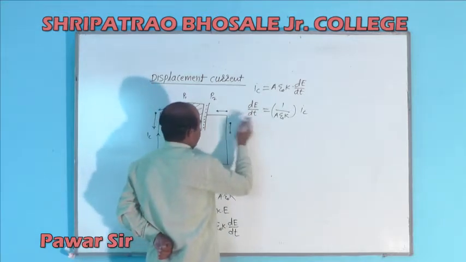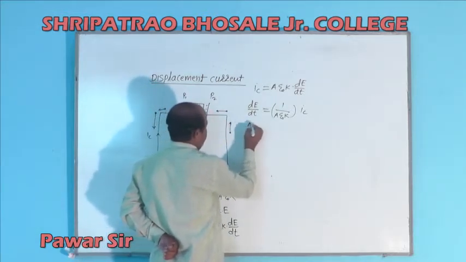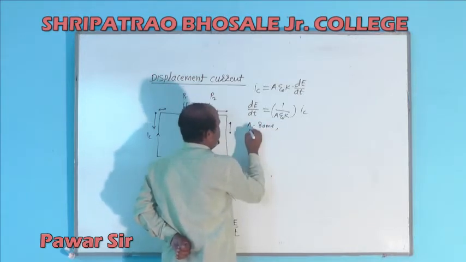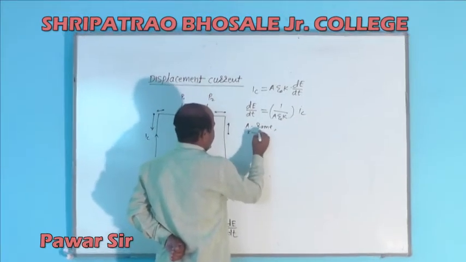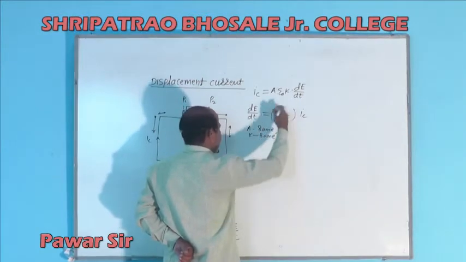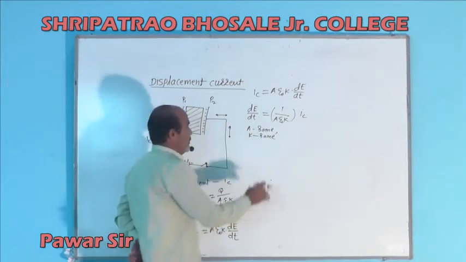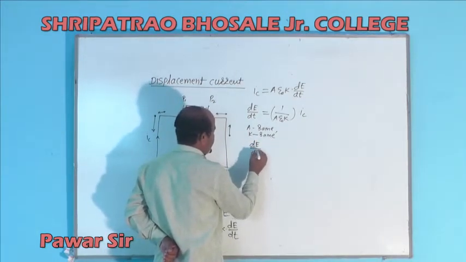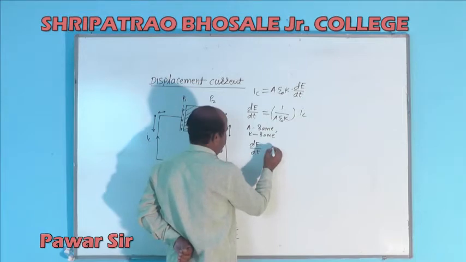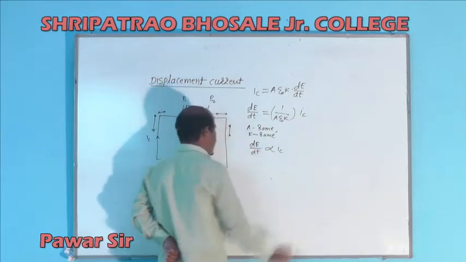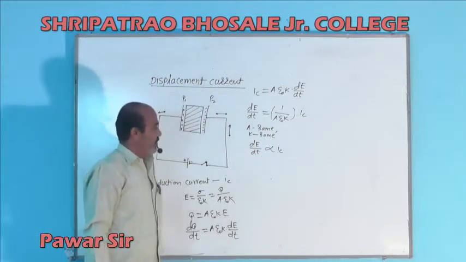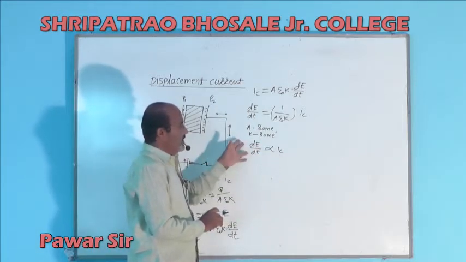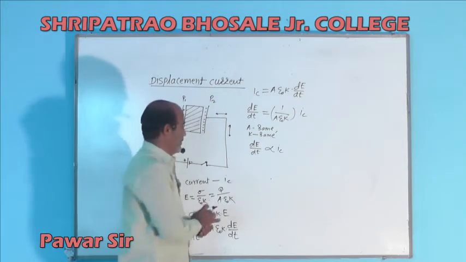For a capacitor, if A is kept same and dielectric is kept same, this bracket will be constant. We can write this rate of change of electric field with respect to time is directly proportional to this conduction current. Thus we can conclude that as current increases, electric field also increases.